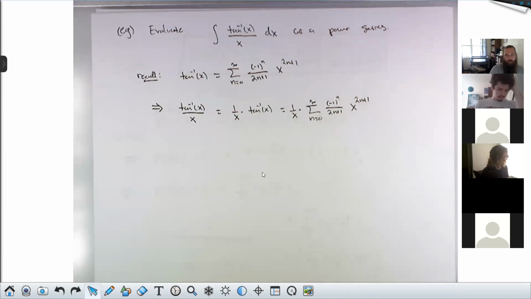And the nice thing about this is that this 1 over x doesn't have any n's in it. So it can come inside the series. With respect to the summation operator, the 1 over x term is constant. Summation operator only cares about n's. This doesn't have any n's in it. So this can come inside.